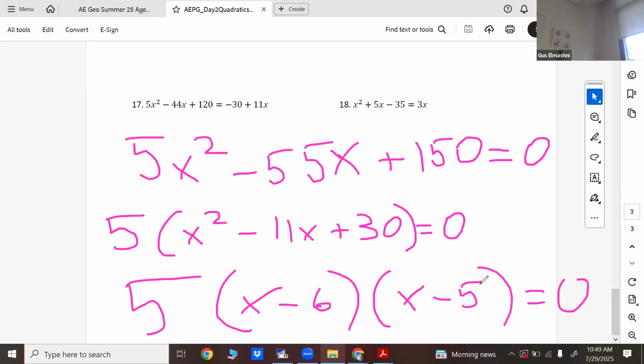Because this has the word vary. Exactly. Vary means change. I can make it whatever I want. I'm going to make it 6. Great, it works. Or I can make this 5. Great, it works. Those are my only two options to make it work. So x must equal 6 or 5. That's it. x equals 6 or x equals 5. So that will make the equation true for number 17.